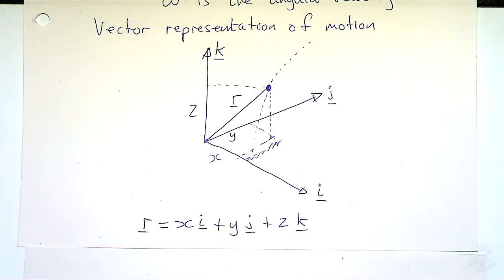Because we've multiplied them by I, j, and k, we're indicating which direction the vector component is in. If we differentiate that to get the velocity, we get a velocity vector, v, which is equal to dr by dt, and that's just equal to x dot times I plus y dot times j plus z dot times k.